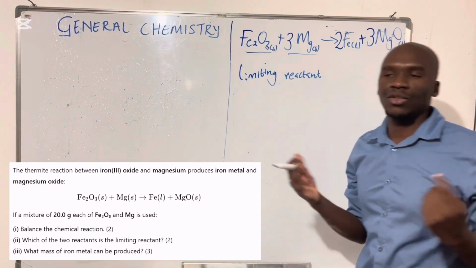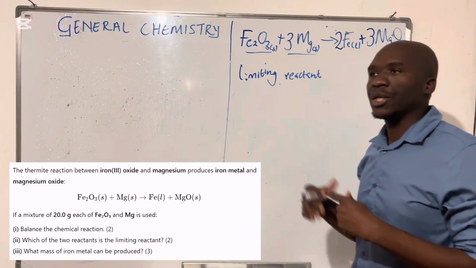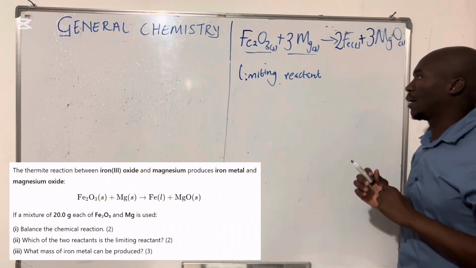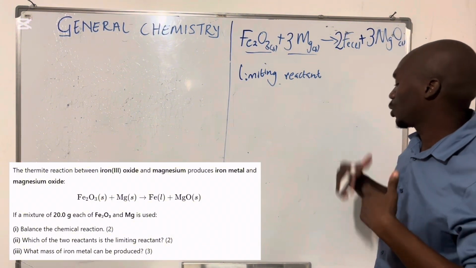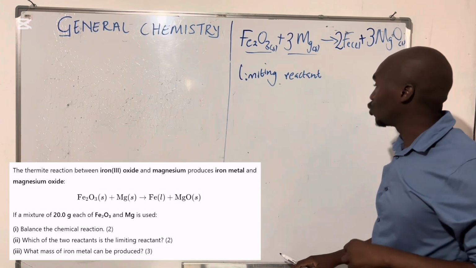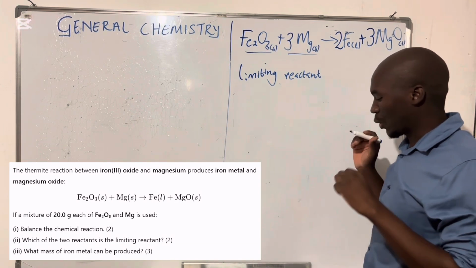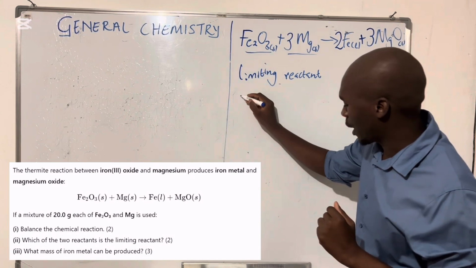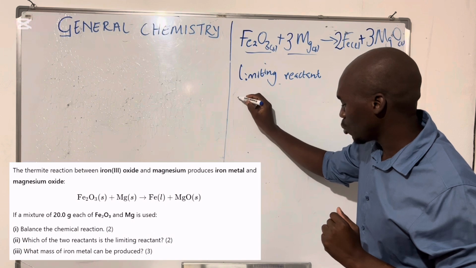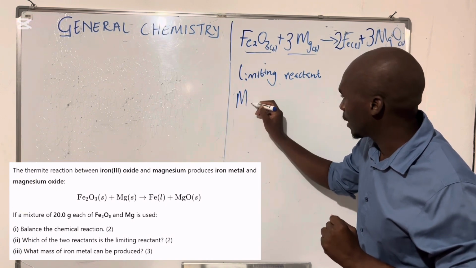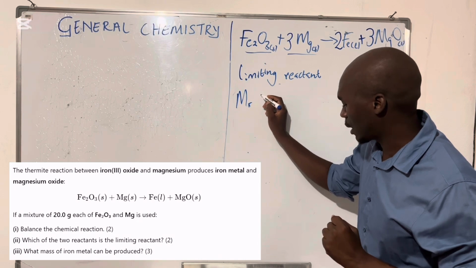And I know the majority of people usually use the number of moles to see which one is the limiting reagent, or which one is the smallest in terms of the amount that reacts completely. So this is what you can do. First, you can find the molar mass, right?